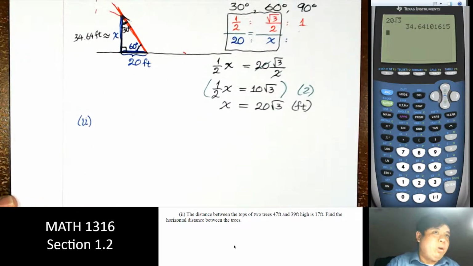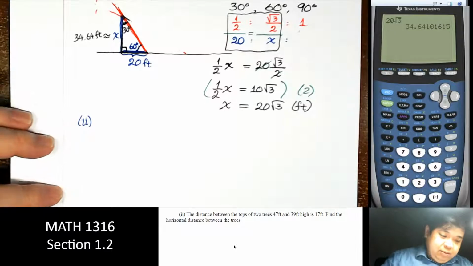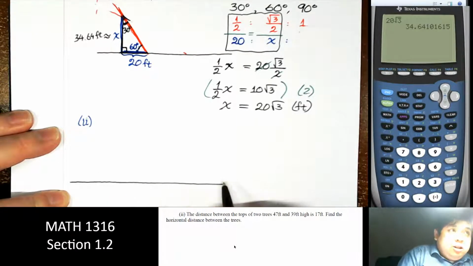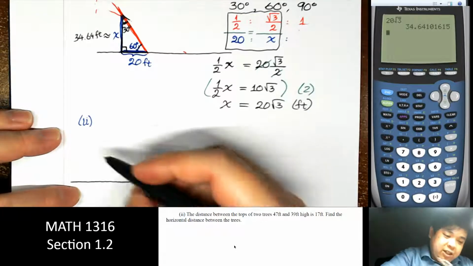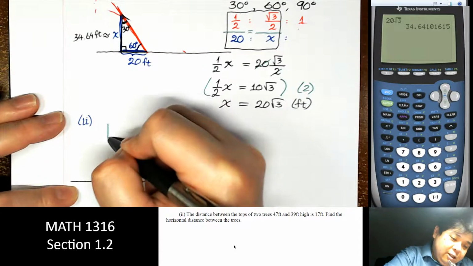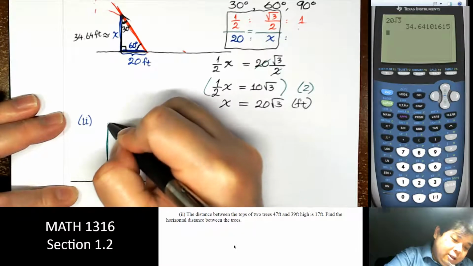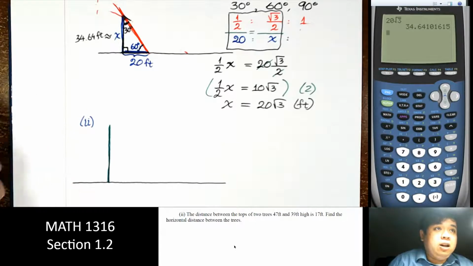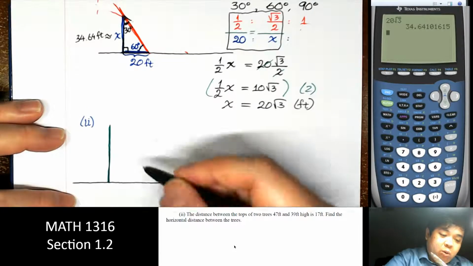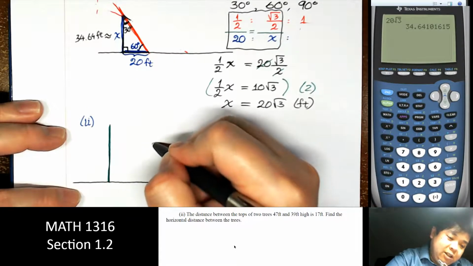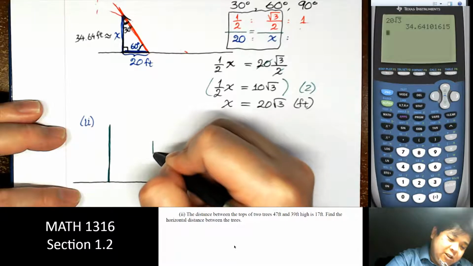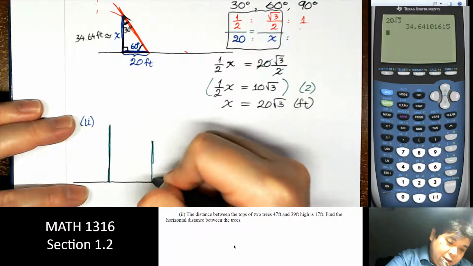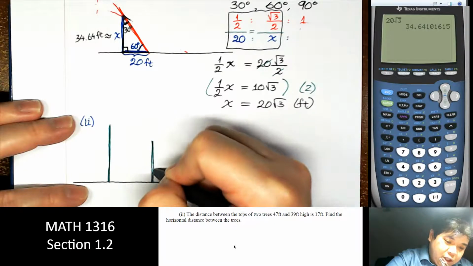So I try to draw the picture instead. Say this is the ground level, and we have two trees. One of them is 47 feet and the other one is 39 feet. And I don't draw it up to scale.